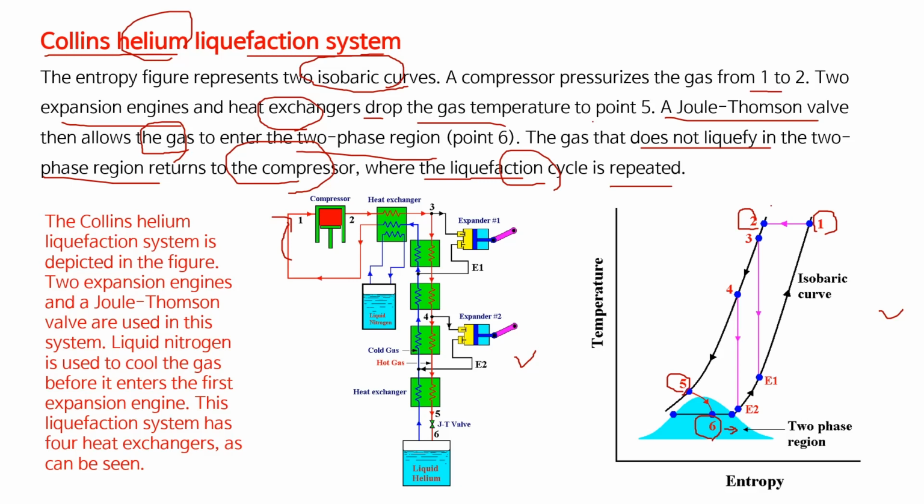So let's see the entropy diagram in detail. So 1 to 2 is compressed gas, and by the function of the heat exchange, the gas temperature is lowered to 3. Okay.